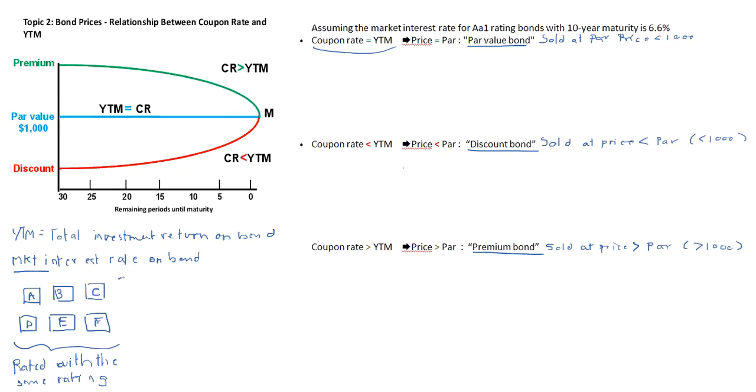So if this company issued a bond with the same or similar maturity and with the same rating, okay, if you average the total investment return of this bond, you will get what is called market interest rate.